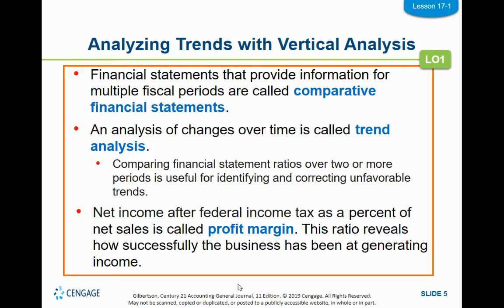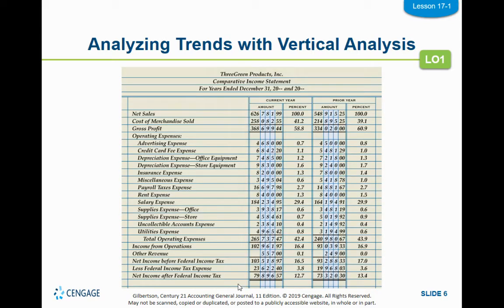So we look at what is our net income after we've paid our federal income tax. What is that amount compared to our net sales? That's our profit margin, and that is going to tell us basically how well we have made money, have made an income. So here's an example of a comparative income statement.